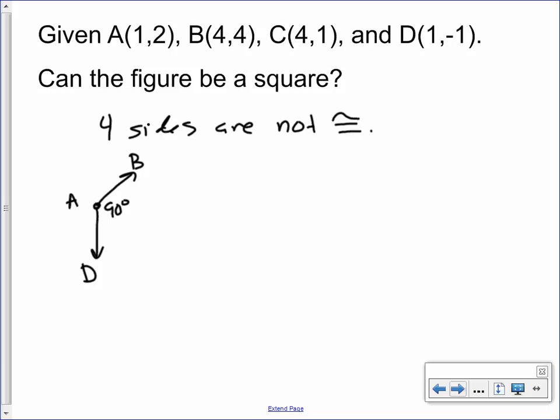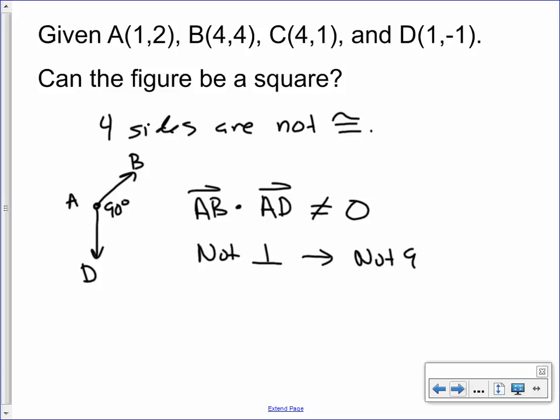So the dot product of AB and AD is not going to equal 0. So not perpendicular, which means it's not 90 degrees. Therefore, not a square. A square has to have four congruent sides and four congruent angles.